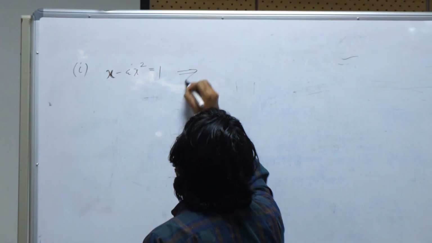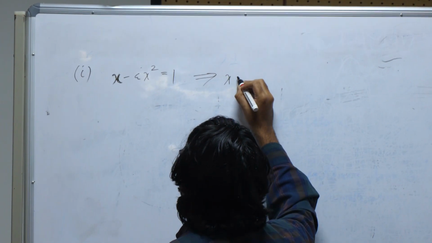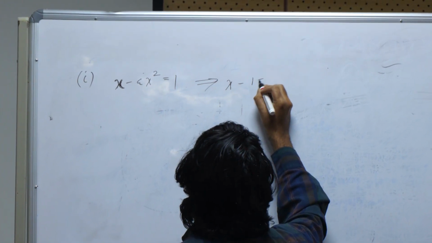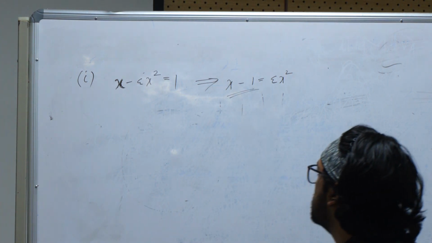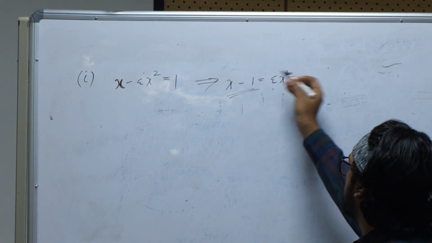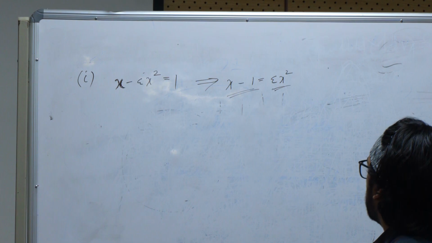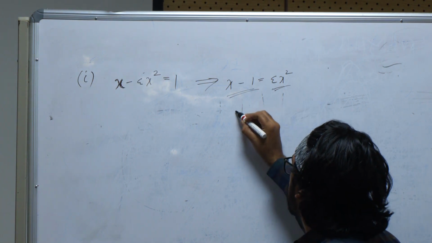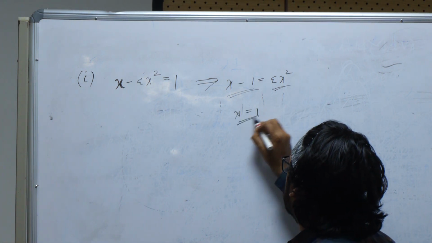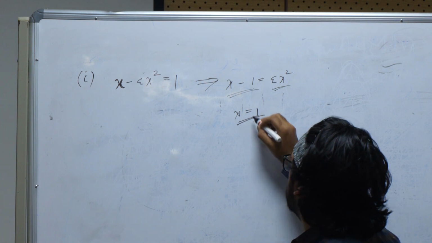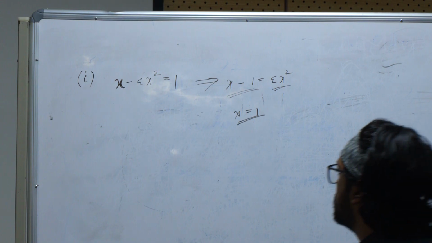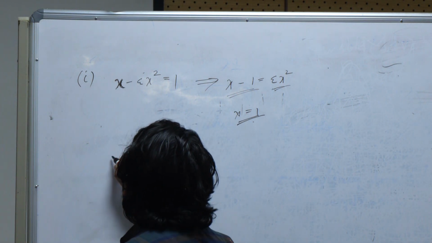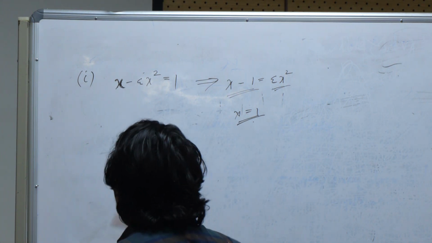I'll rewrite this in a familiar form, which is x minus 1 equals epsilon x square. As you can see, this is linear, whereas the nonlinear term occurs on the right hand side. And setting epsilon equal to 0, as I said, gives you x equal to 1, which is the solution to the linear problem. So let's express the solution for the nonlinear equation in terms of a series expansion.